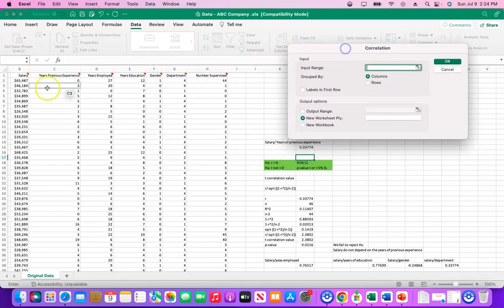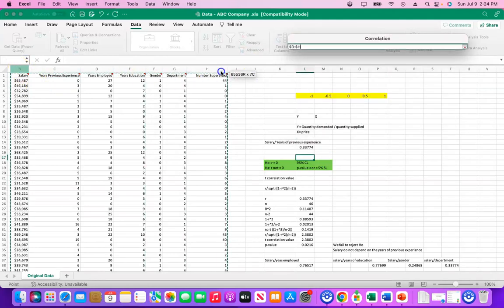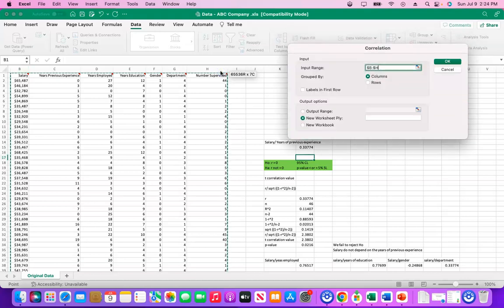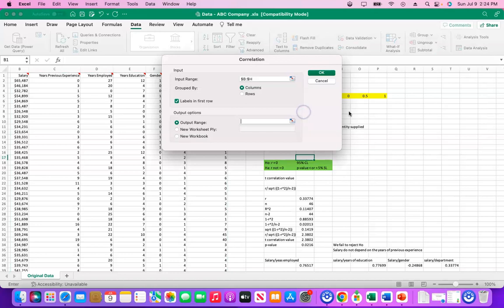And in this case, our input range will be from salary to the number supervised. We are putting all of them together. They should be arranged in columns. I think that is better. And the first row should be labels. And so I'm going to select the output range. So I'll click in here, and I need it to show up here. So I will click OK.